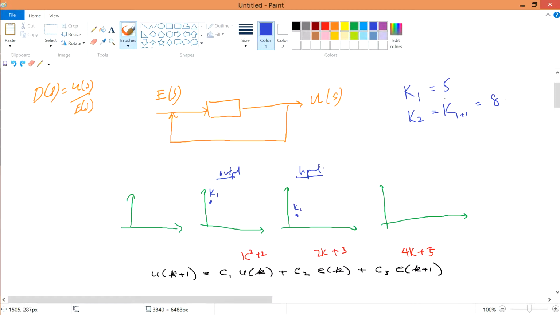When we sub in K2, or K1 plus 1, I mean k plus 1, sorry, this means that, for example, this is k, so this k is in fact K1, and K2, meaning k plus 1 in this case is this one. If I sub in this value, I have 32 plus 5 equals 37, for example, and this is a plot for K2.